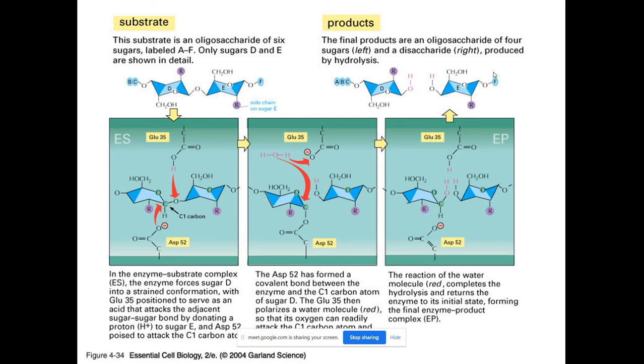The final products are an oligosaccharide of 4 sugars and a disaccharide, produced after the hydrolysis. All the amino acids are shown here. The substrate and product structures are shown in the upper panel, and you can also compare them in the colored figure.